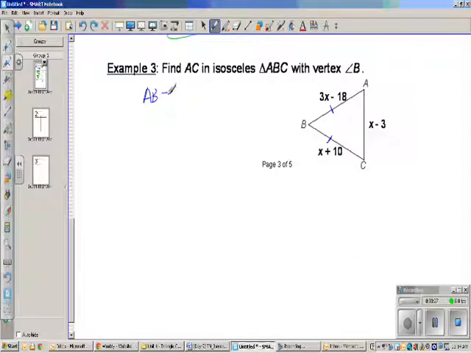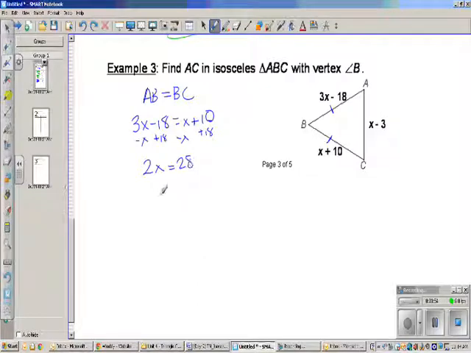So if those are congruent, then their lengths are equal. So we're just going to set them equal to each other and completely ignore this x minus 3 right now. So we'll say 3x minus 18 equals x plus 10. From here, we can subtract x on both sides, 2x, add 18. 2x equals 28, so x equals 14.